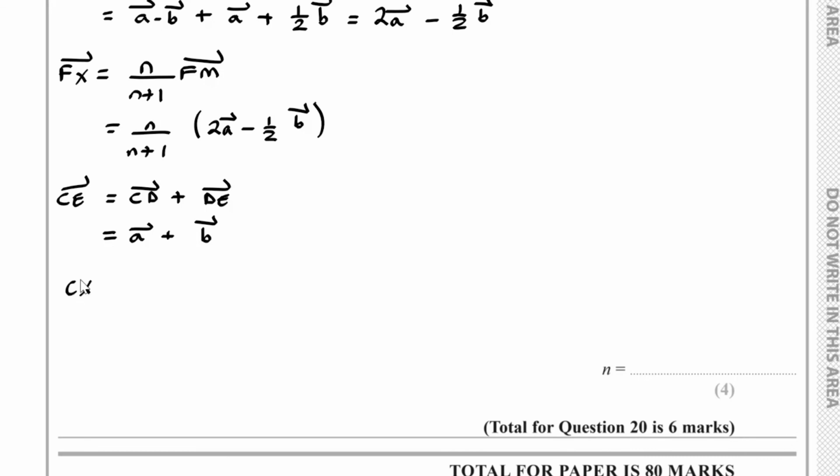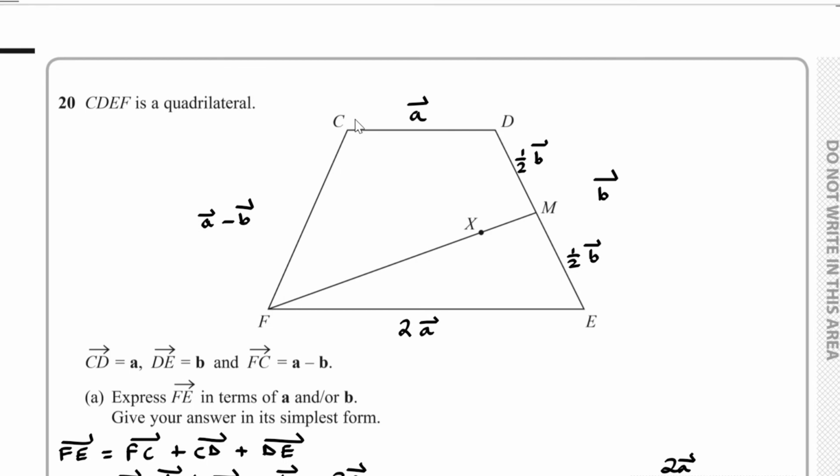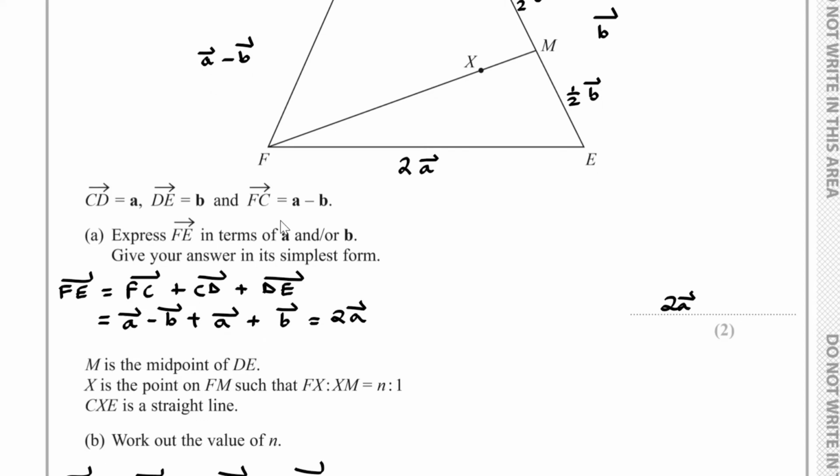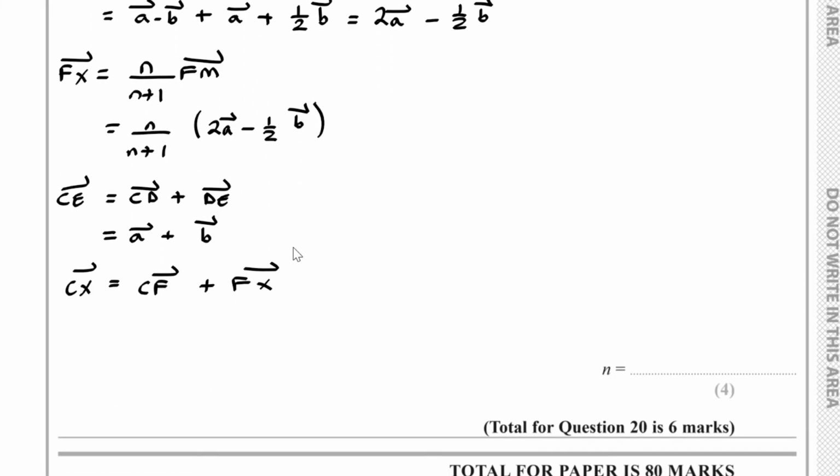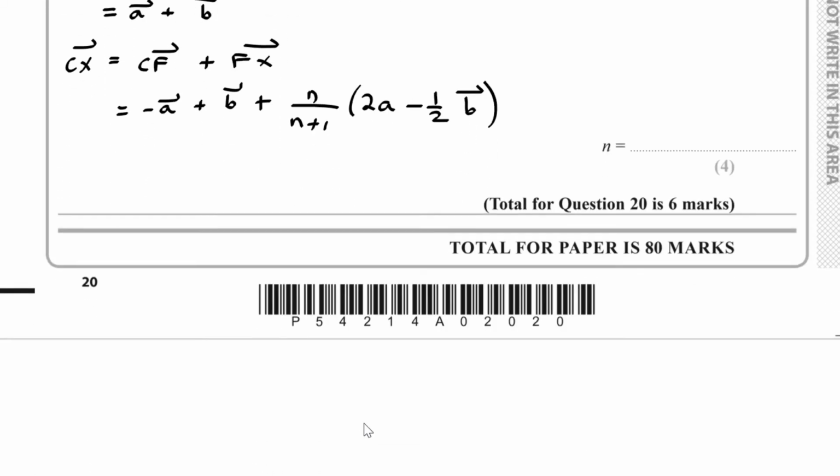So therefore the vector CX, that's going to equal CF plus FX. Now, do we know CF? Yeah, we do. That's going to go the other way. So that's B minus A, or minus A plus B. And then we add on FX, which we just said, that's n over n plus 1 lots of 2A minus 1/2 B. So let's actually simplify all this, if we can.